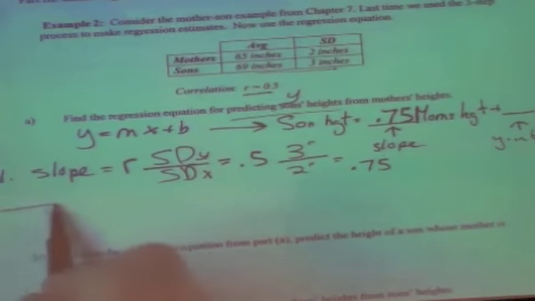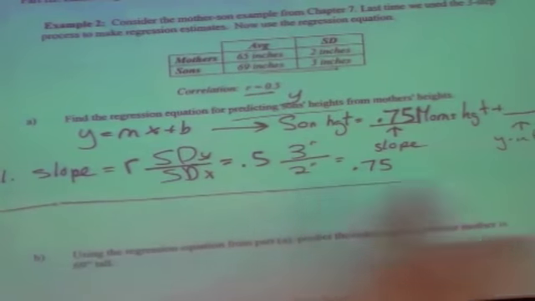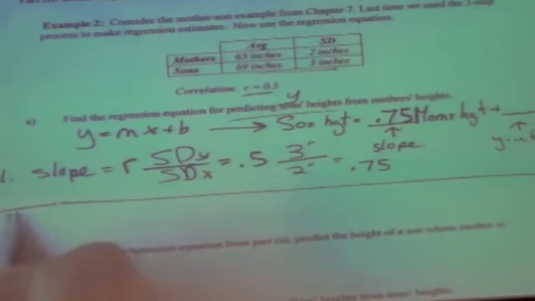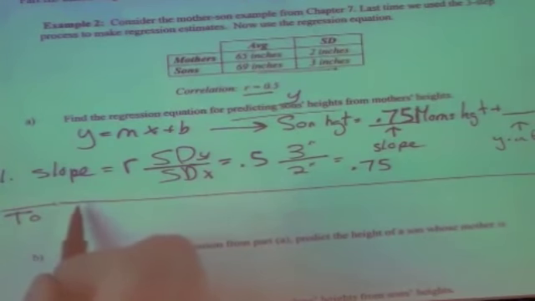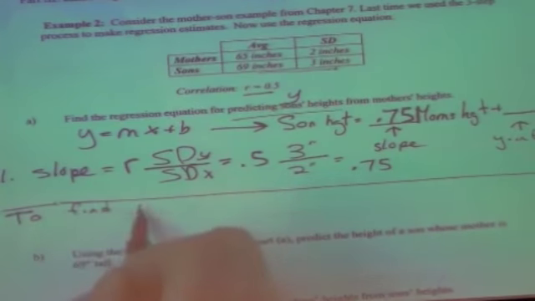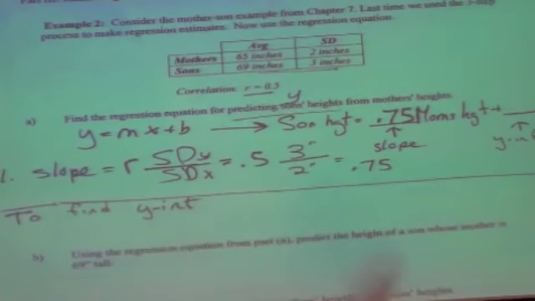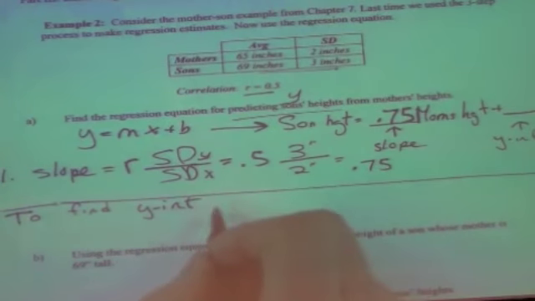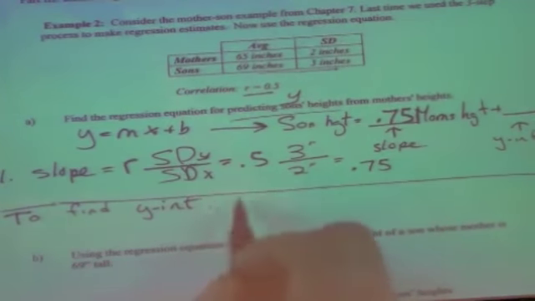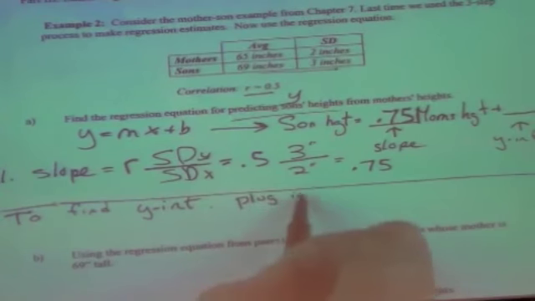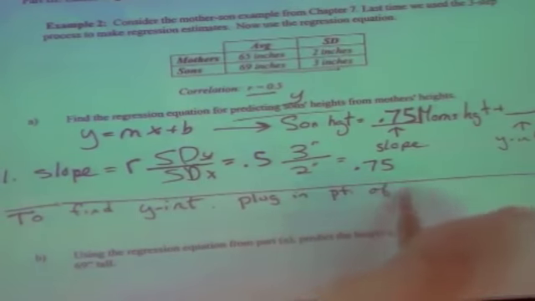Now, what's our next step? Let's just write it out so you don't forget it. To find the y-intercept, you can do it lots of different ways. You don't have to follow it this way. I'm sure you can do it other ways too. But I think the simplest way to remember it is to find the y-intercept, you just plug in the point of averages.